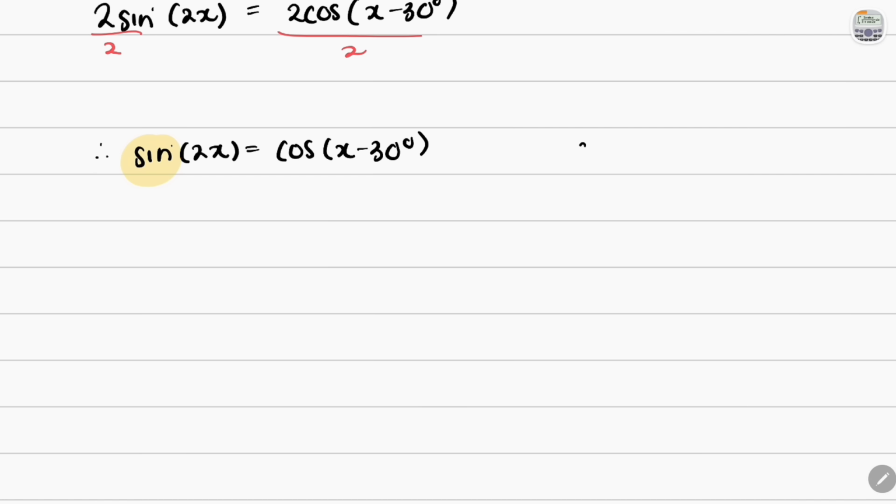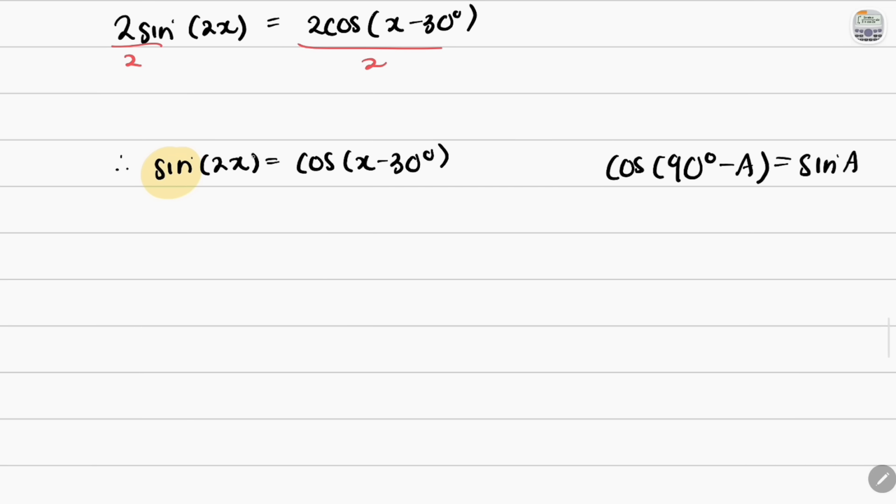Remember, if we have cos(90 degrees minus an angle A), it can be changed to sine of that same angle. In the same way, we use 2x as A, and so we change this to cos(90 degrees minus 2x) is equal to cos(x minus 30 degrees).